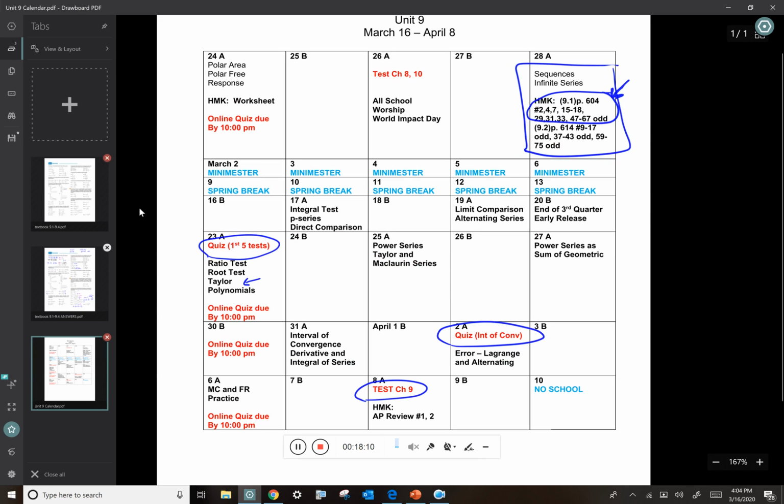So if you have a printer, you can print it off. If you don't have a printer, then you have to go old school and just take notes, do homework on your own paper. This first half of the chapter is problems out of the textbook, so it's not that big a deal to do the homework on your own paper. You've kind of gotten spoiled in that I've given you the paper, but you might have to take care of that yourself.